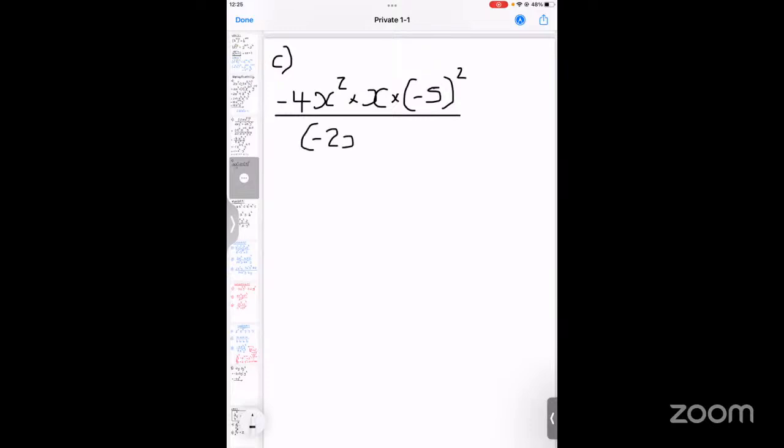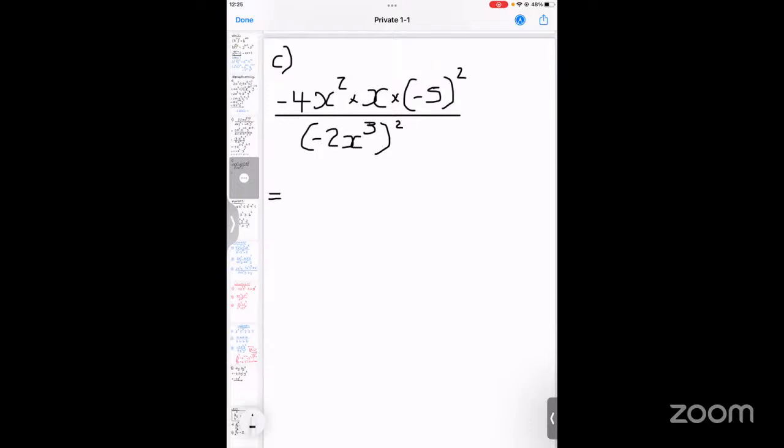Okay, let's do this example and say we have negative 4x squared, this is multiplying x. Inside the brackets is negative 5, and square, divided by, inside the brackets we have negative 2x to the 3, we close, we say squared.